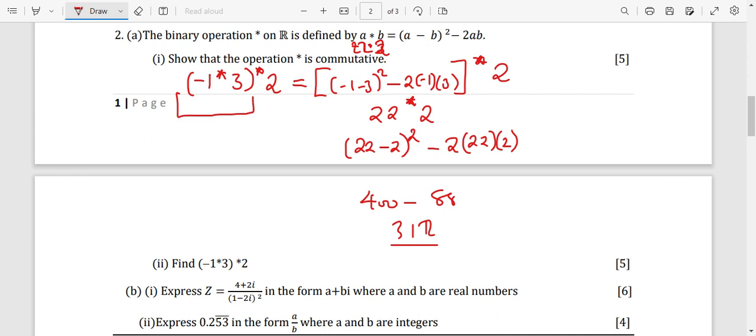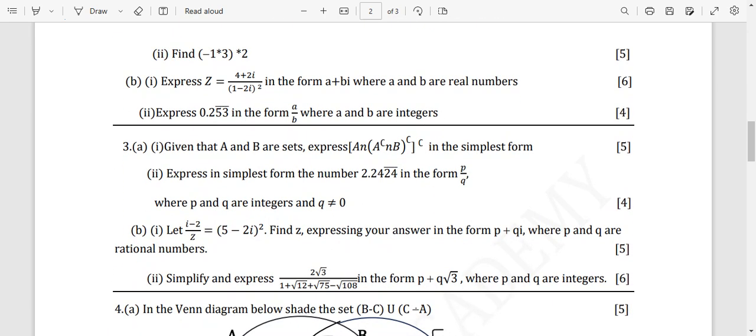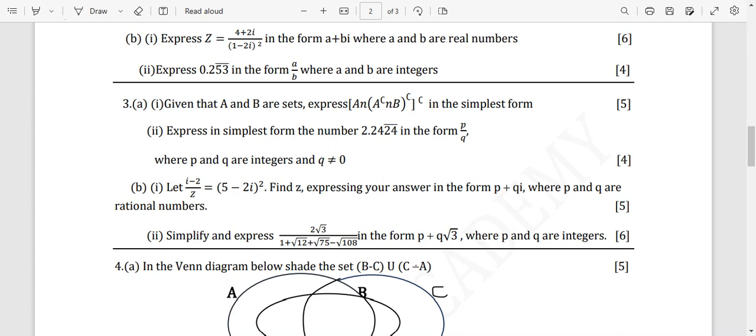Are we good for this question? Is that clear?